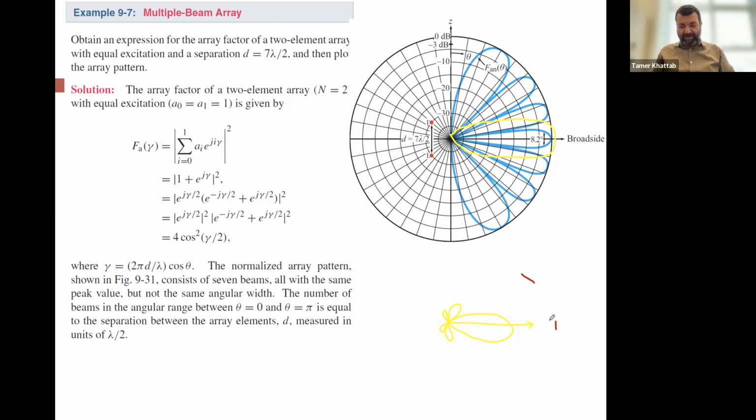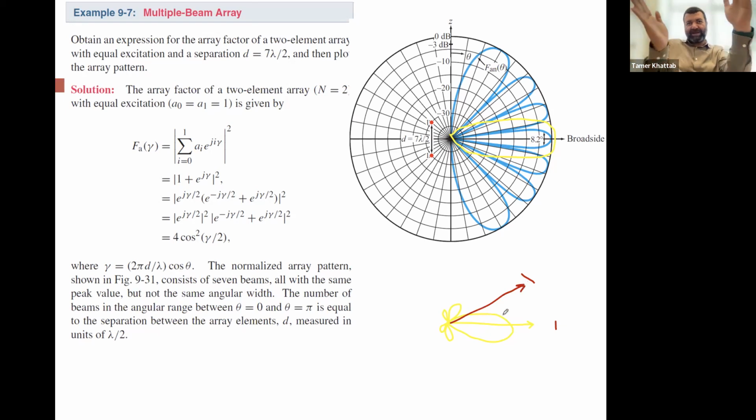In order to overcome this problem, I need to tilt the beam so that the maximum goes to my receiver. I can do this by taking the antenna array and rotating it, tilting it until this maximum points in this direction. This is called mechanical steering.